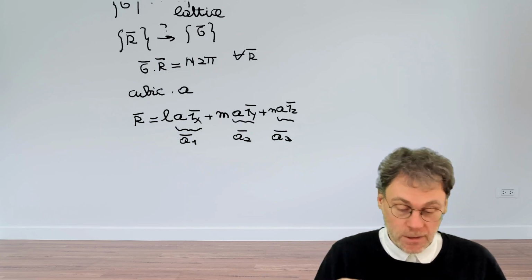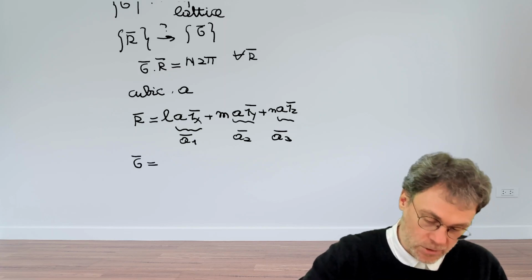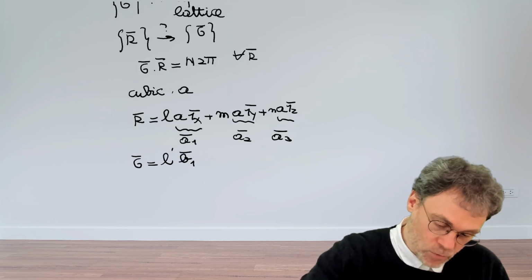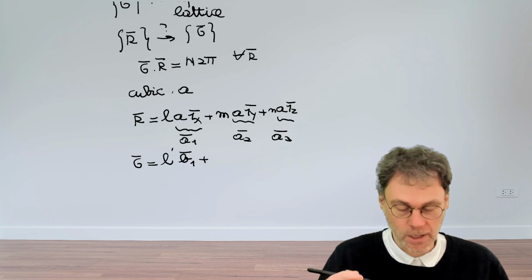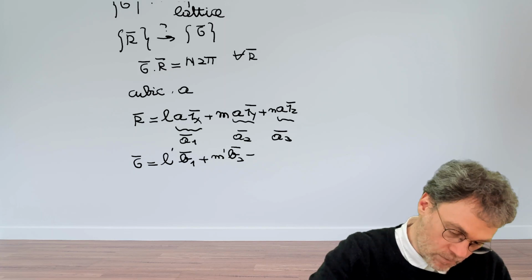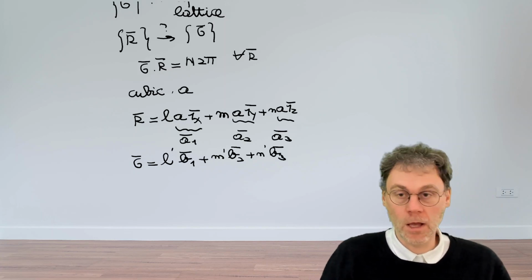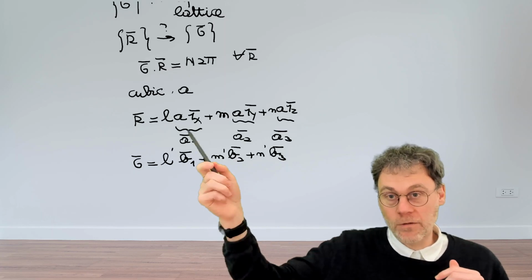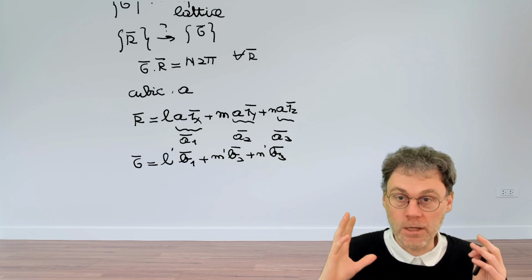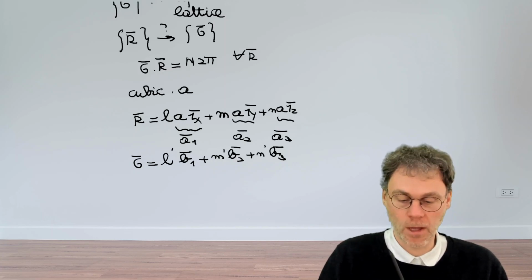And we can obviously play the same game for the family of reciprocal lattice vectors, where we can have, for example, an l prime, and then we identify a b1, smallest in a certain direction, and then we have m prime b2 plus n prime b3. So rather than having an infinite family of vectors here, we seem to be able to focus just on the primitive lattice vectors and the primitive reciprocal lattice vectors.